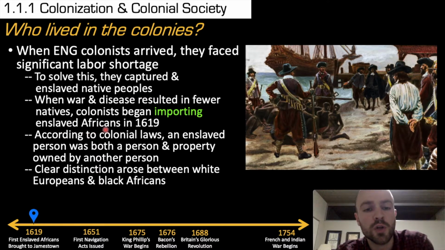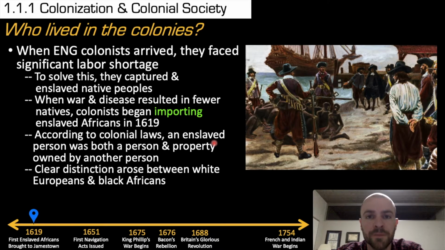So according to colonial laws, an enslaved person was both a person and property owned by another person. So it was kind of a dual identity. It was part person, part property. Later on in history, enslaved persons were viewed as less of a person and more just property that can be bought and sold.